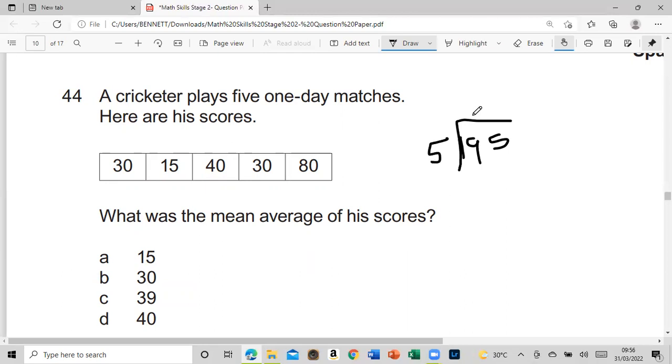Alright, so 5 into that goes 3 times, 5 3's are 15, that leaves 4, carry down the 5, 5 into... much long division now for you guys. So it is 39.